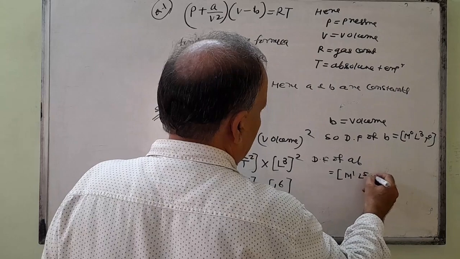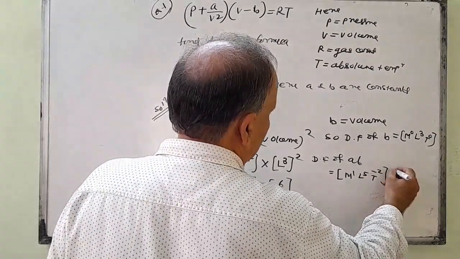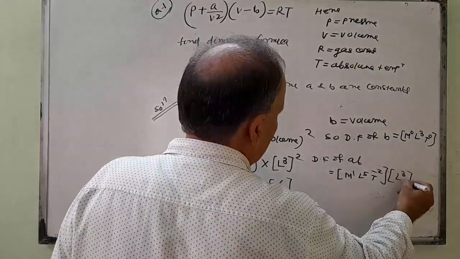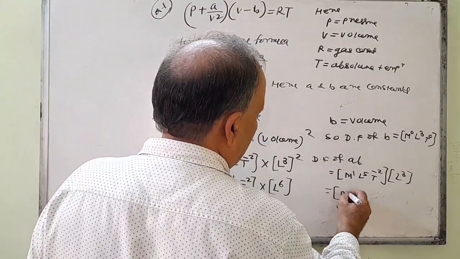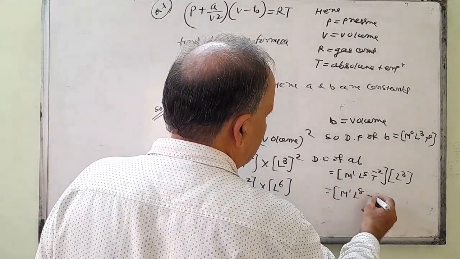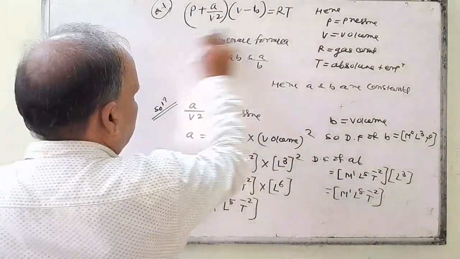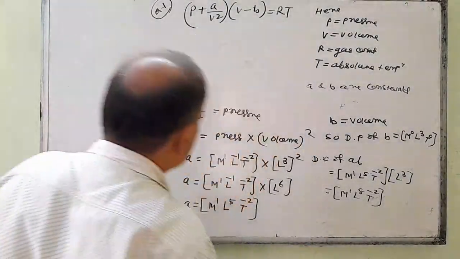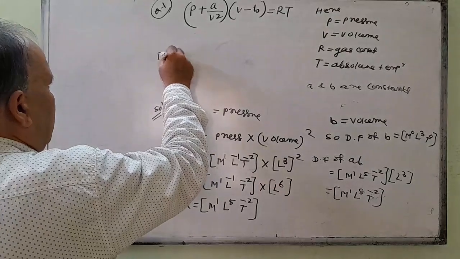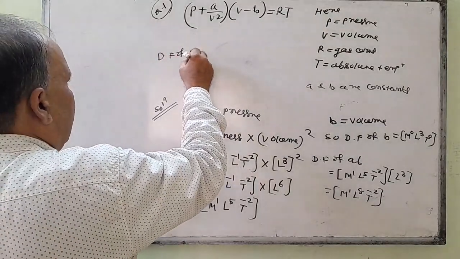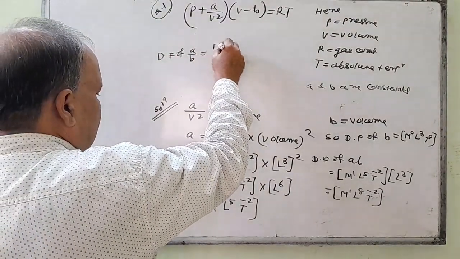M1 L to the power 5 T to the power minus 2 into L cube, that is equal to M1 L to the power 8 T to the power minus 2. Again, dimensional formula of A by B, that is equal to what?